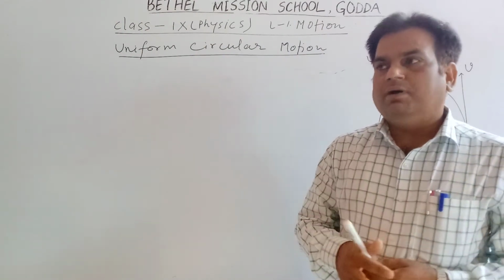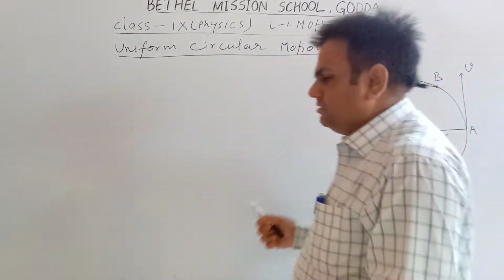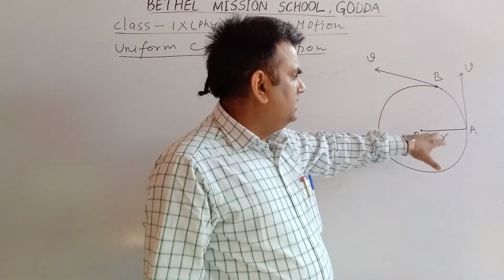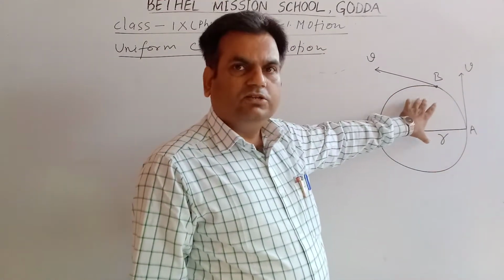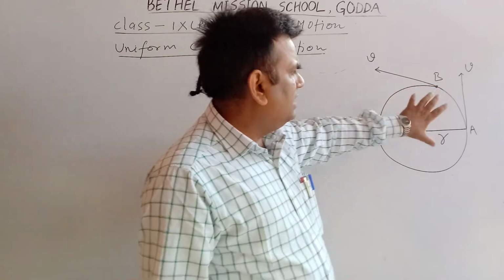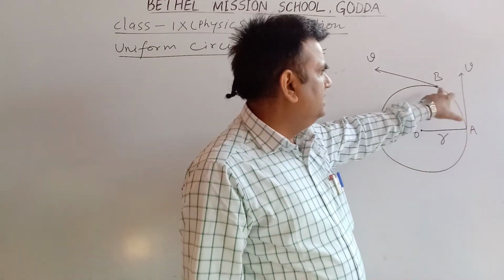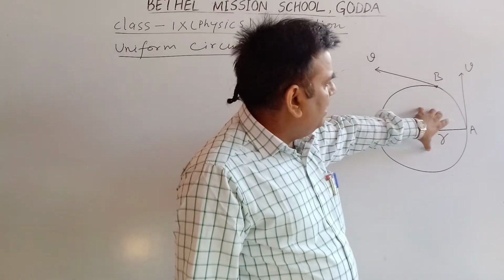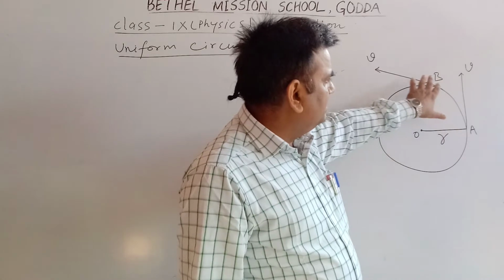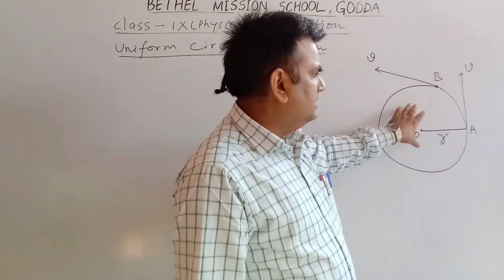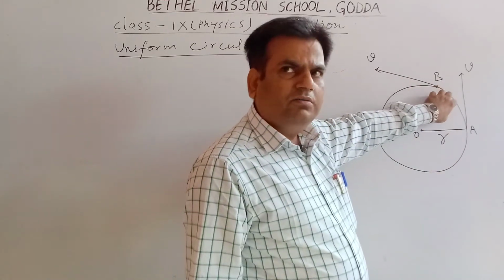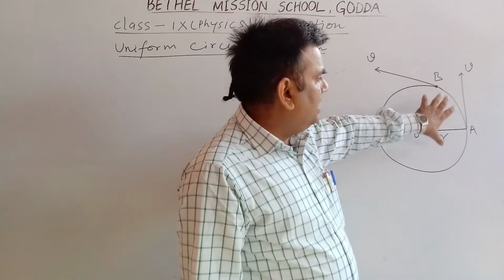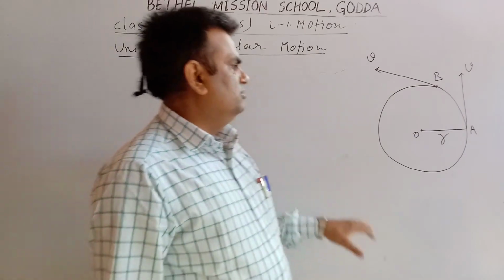As you are watching here, this is a circular path and R is the radius of this circular path, and the object starts from A and reaches B with uniform velocity V. So when this object moves on this path, the motion of the object is uniform circular motion.